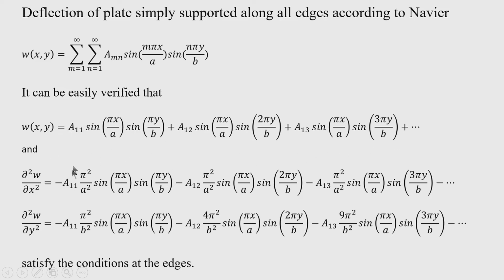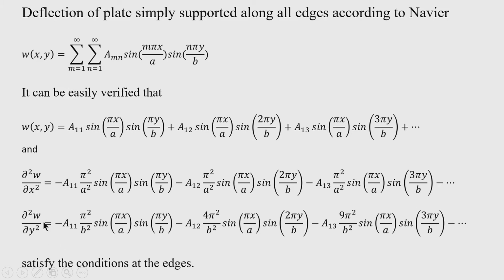So, if you take the second derivative of this, which we require to calculate bending moment also, if the deflection is completely known, then after taking the second derivative with respect to x, you will get minus A11 pi square by a square sin pi x by a sin pi y by b. Similarly, here you will get minus A12 pi square by a square sin pi x by a sin 2 pi y by b, like that, because we are taking this derivative with respect to x.